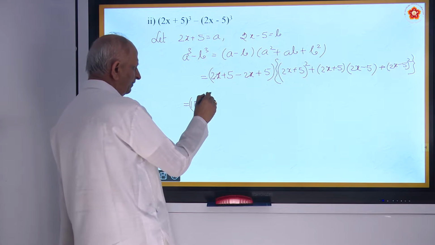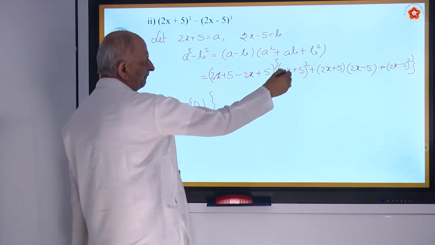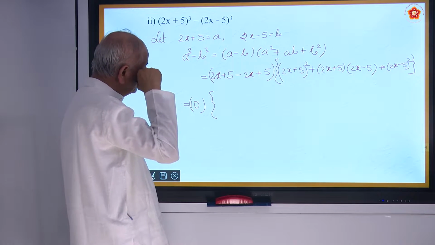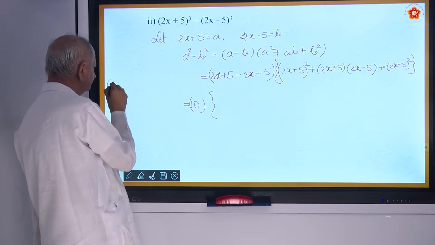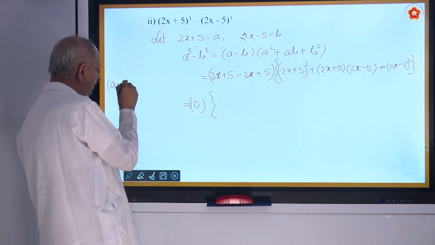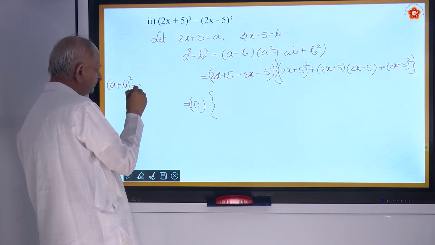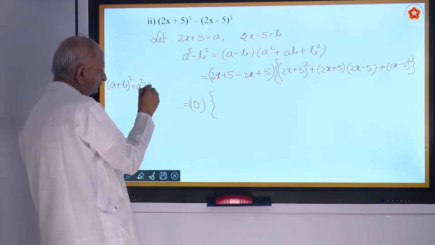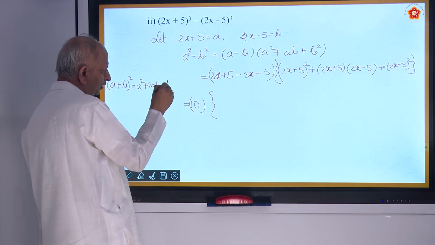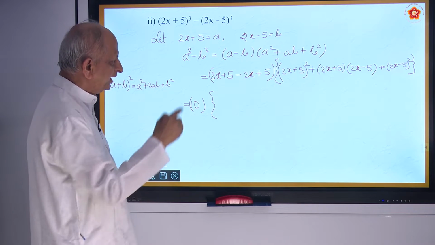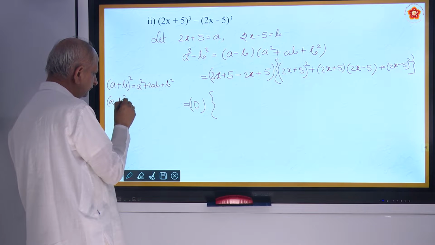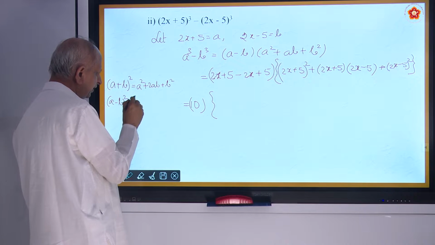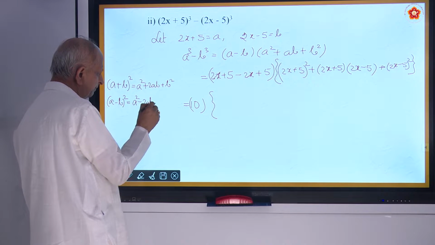Coming to the second item, (a + b)² is equal to a² + b² + 2ab. That is what you have studied already in the previous chapter. Secondly, you want (a − b)², which is equal to a² − 2ab + b².